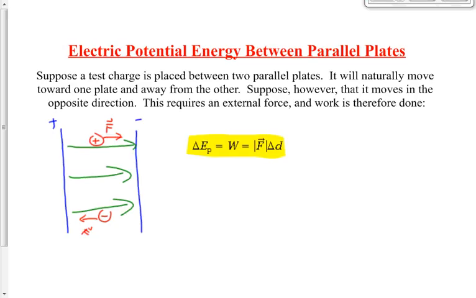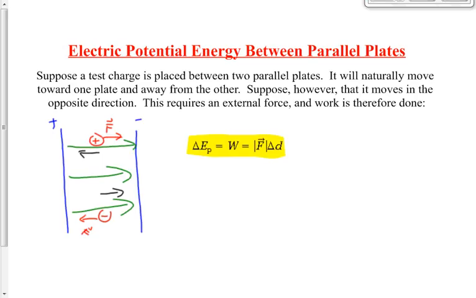If I was to physically take these charges and move them against the field, right? We know that if they move with the field, then the electricity does the work. But if I was to take these charges and move them against the field, cause the motion of this one to be this way, cause the motion of this one to be this way, then I would have to do work to overcome the electric field.